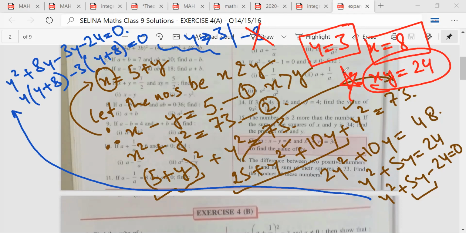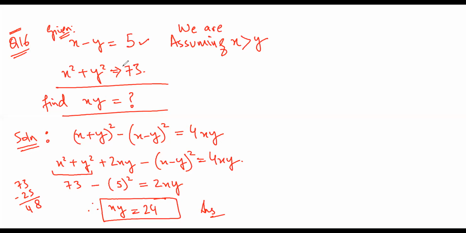This is one way. If you find this difficult, another way of doing this question is: x minus y is equal to 5, x square plus y square is equal to 73. This is the given information. So we need to find the value of xy. So another way of doing this question is like this.